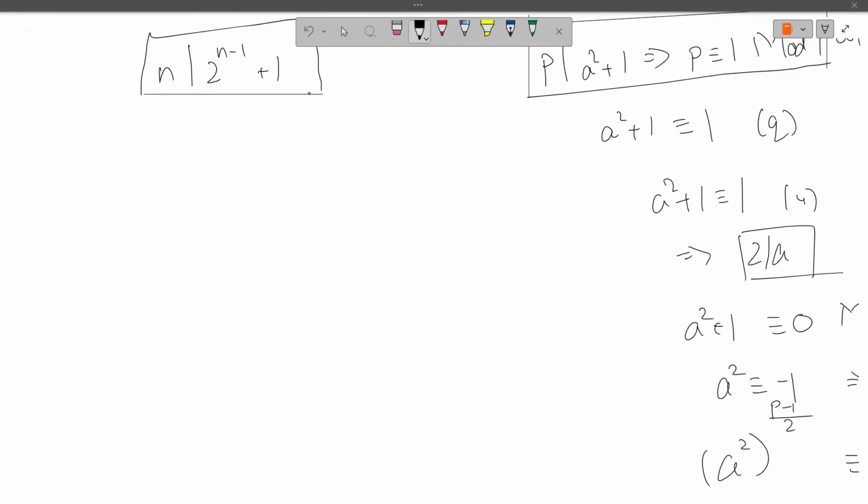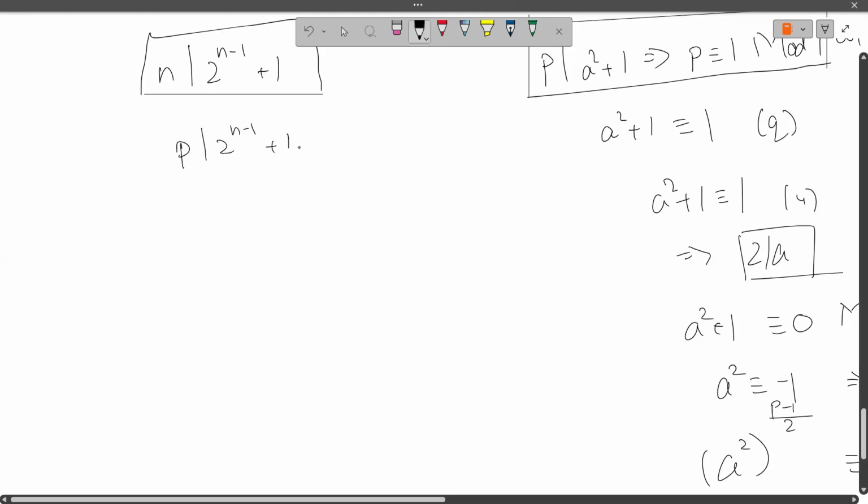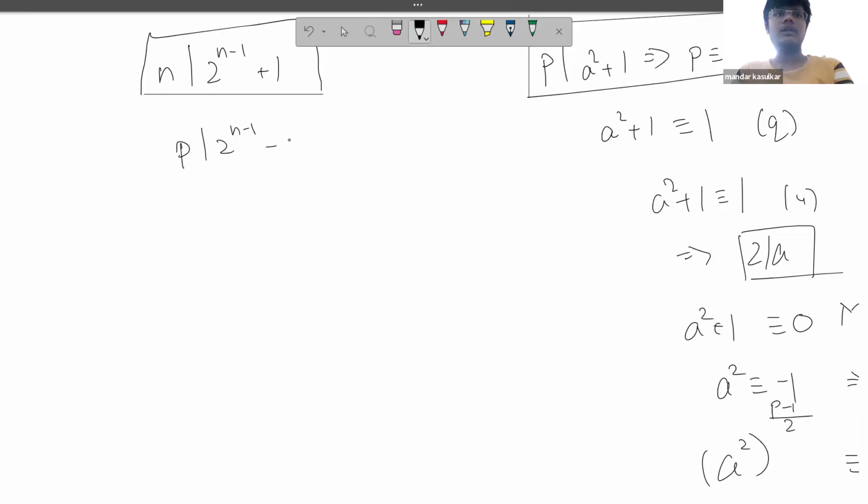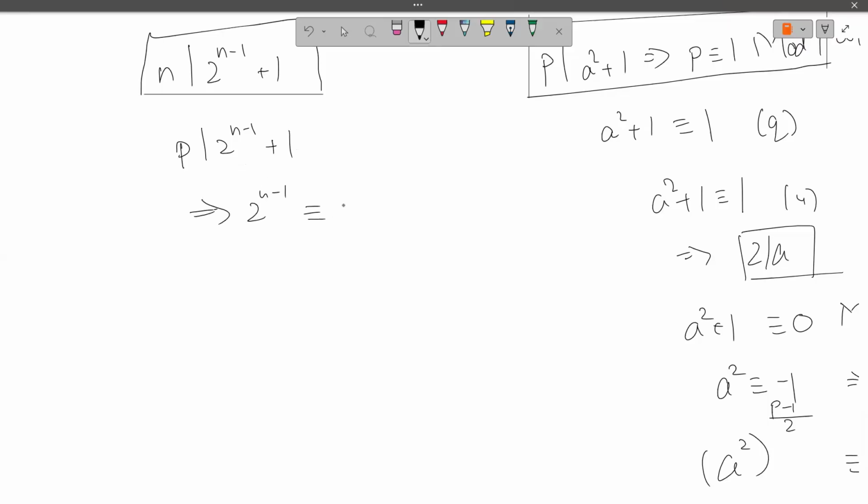You can again take some prime p dividing n, and then 2 raised to n minus 1 will be congruent to -1 mod p. I agree. By the way, just a question: are we allowed to raise to inverses? What do you mean?